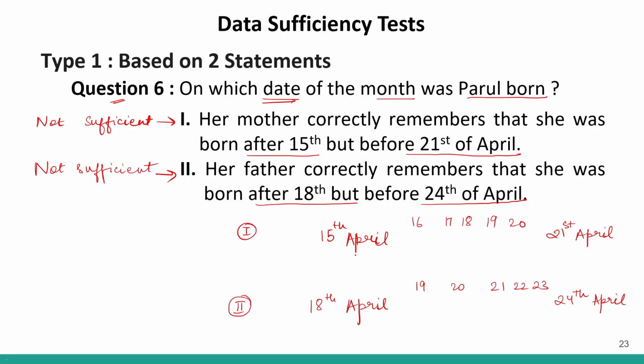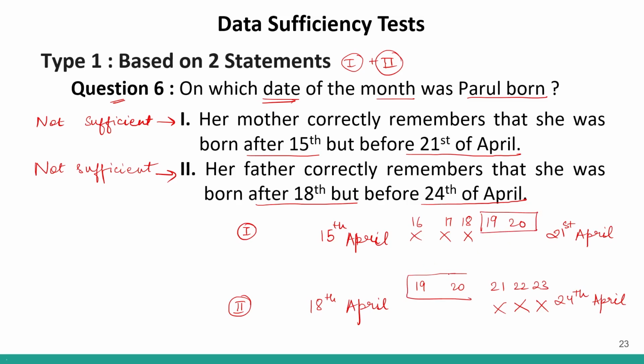Now, if I combine the two statements, statement 1 plus 2, how many dates can I eliminate? I can eliminate 16, 17, 18. Correct? And I can eliminate 21, 22, 23. So how many dates are remaining? 19 and 20.